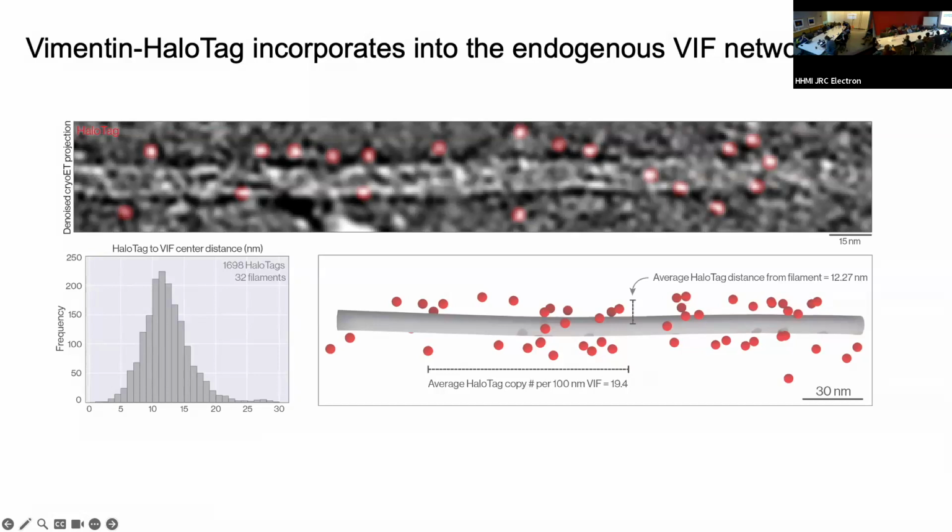And we also found that the Halo tags integrated throughout the entire network. They weren't just clumped in one portion. We're getting a pretty good coverage map of Halo tag ligands throughout each of the individual filaments. So it seems like the tag is going to the right place. It's integrating. The filaments aren't fraying or falling apart, but does the idea actually work?